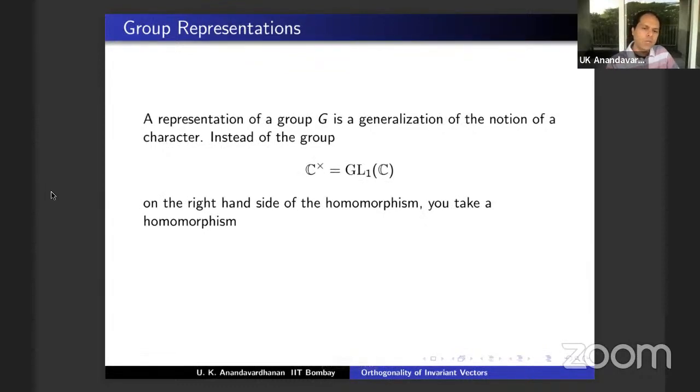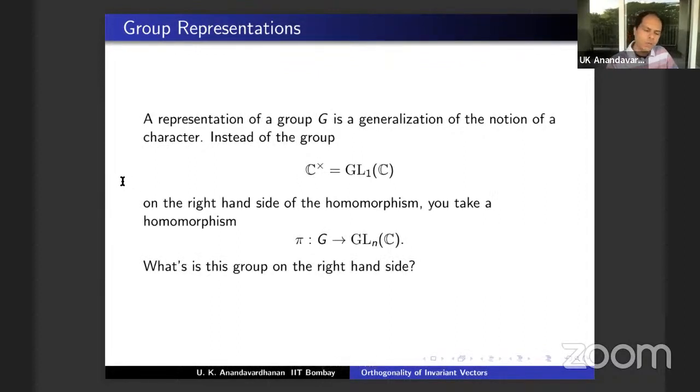And now you take a homomorphism valued not in GL1C, but GLNC, where n is any natural number. That is what is called a representation. What is this group on the right-hand side?